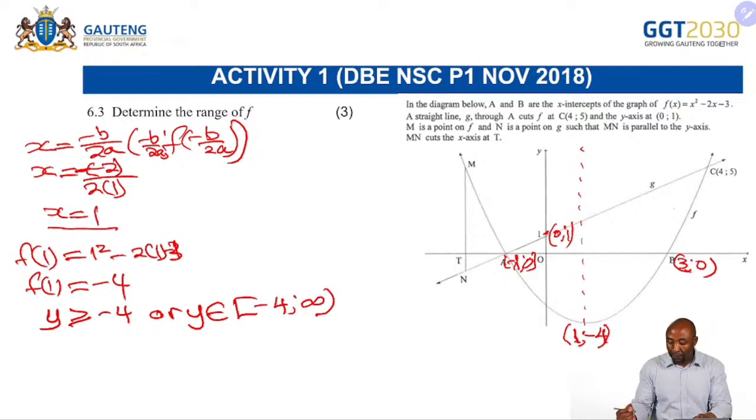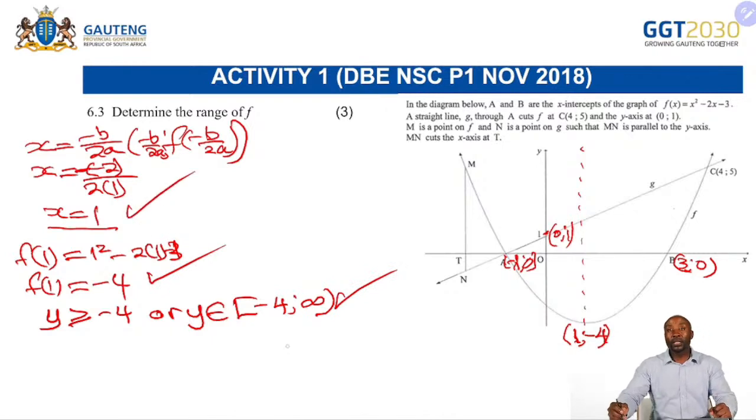The brackets have to be correct there for our range. So we'll get a mark for obtaining the coordinates of the turning point, and for the correct notation: our x, our y value, then the correct notation for our range. We get our 3 marks there.